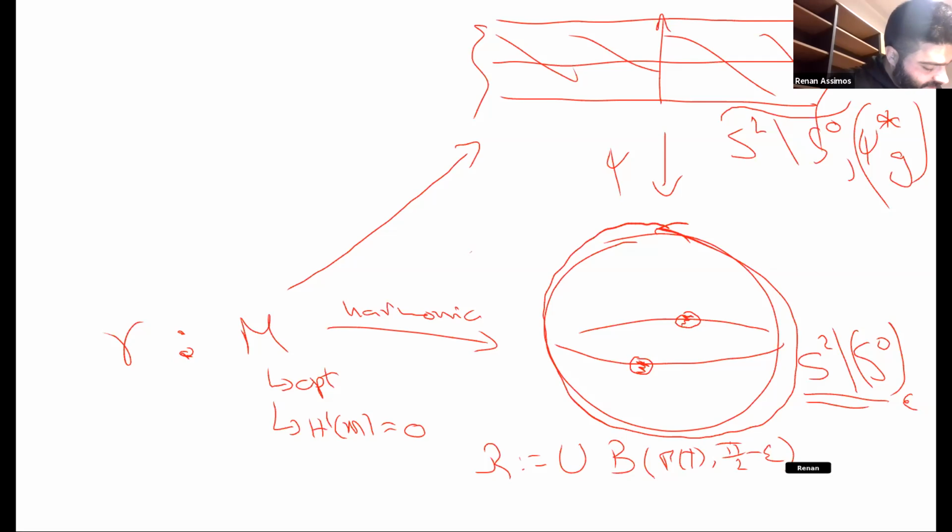But now my curve gamma, I just take it as this closed geodesic that I define here. So that's our curve gamma, okay? Now this region clearly covers everything, but it self-intersects and everything.